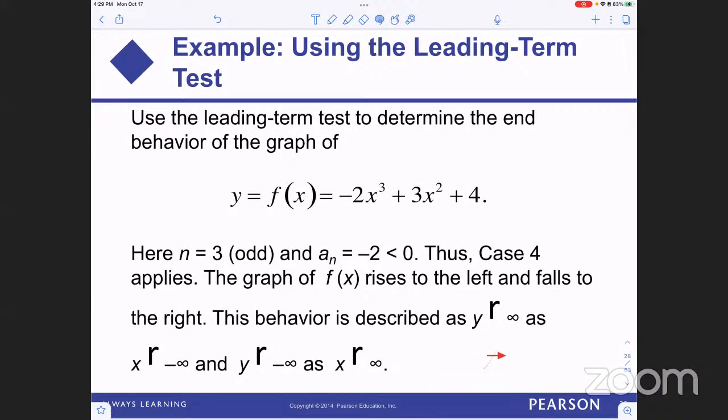So I'm going to copy, paste the image, and delete this. All those R's are supposed to be arrows. Like I said, this just didn't process properly.